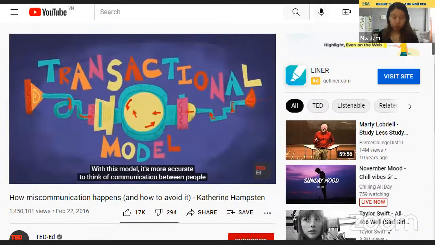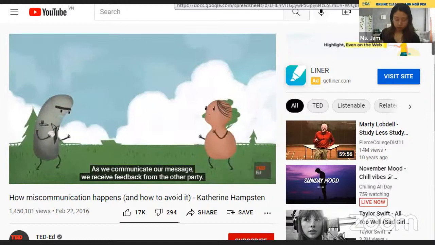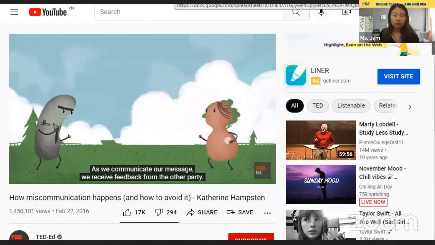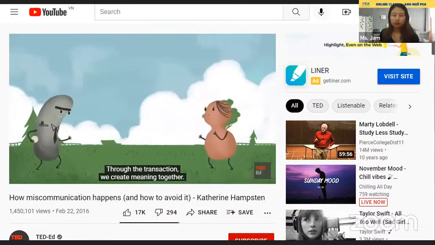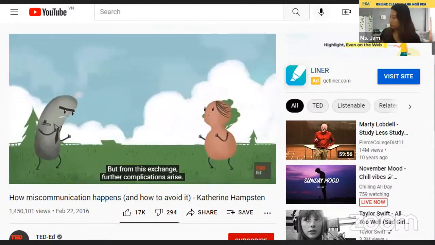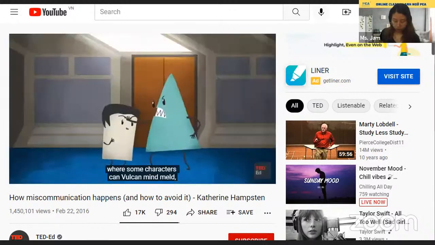With this model, it's more accurate to think of communication between people as a game of catch. As we communicate our message, we receive feedback from the other party. Through the transaction, we create meaning together. But from this exchange, further complications arise. It's not like the Star Trek universe, where some characters can Vulcan mind meld, fully sharing thoughts and feelings.